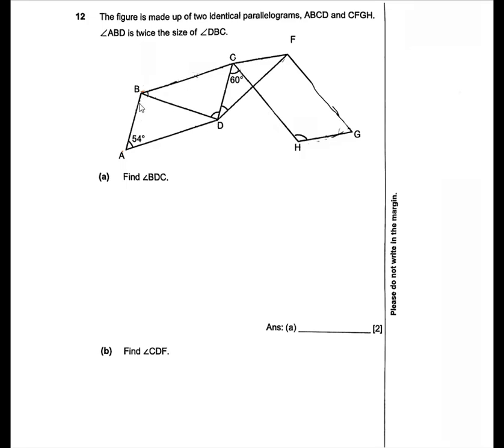So this is 2 times this angle here. So if this was x, for example, this would be 2 times, so it will be 2x. Find angle BDC. So we want to find this angle here.